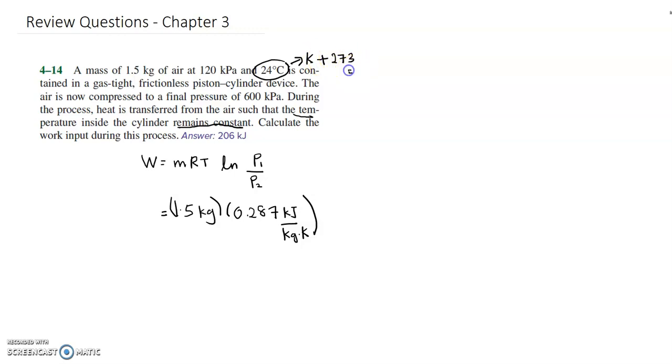So you will get 297 Kelvin. Okay. 297 Kelvin. ln P1 initial pressure is 120 kPa over 600 kPa final pressure.